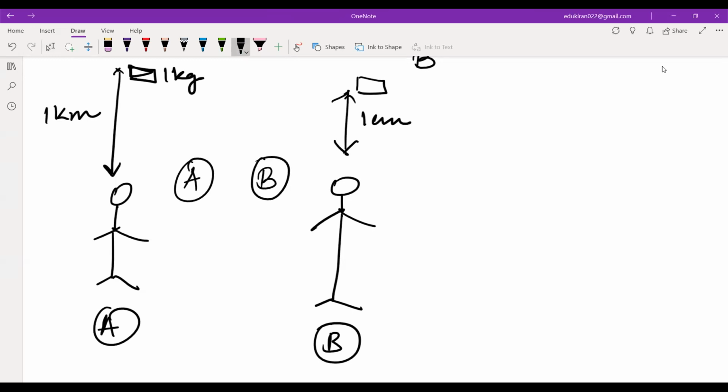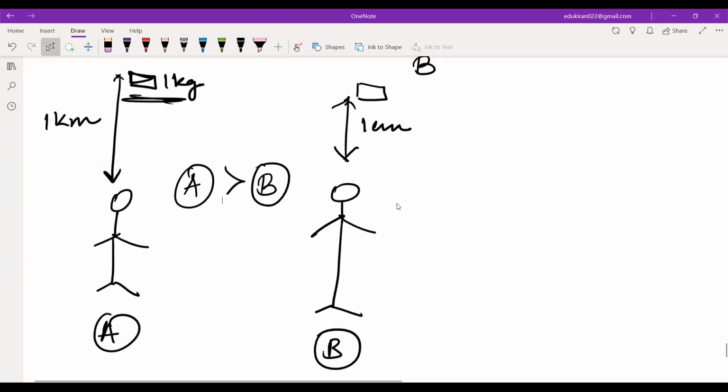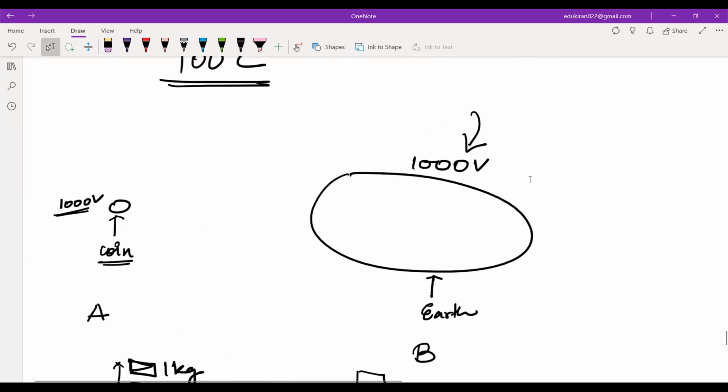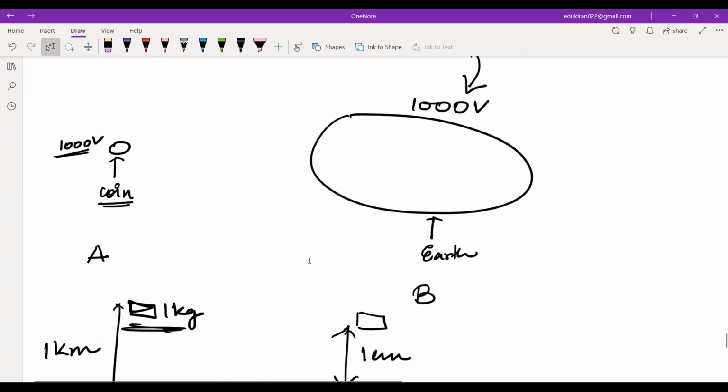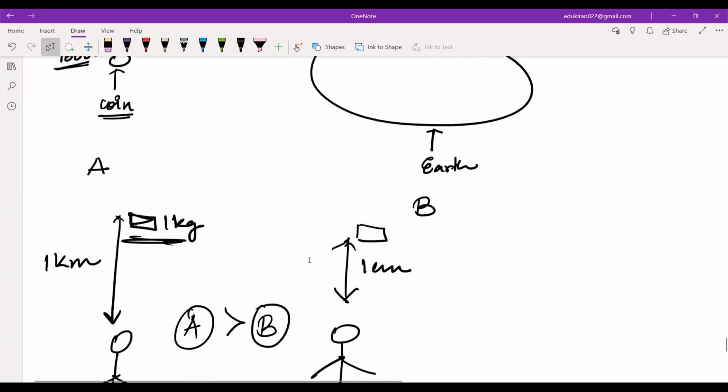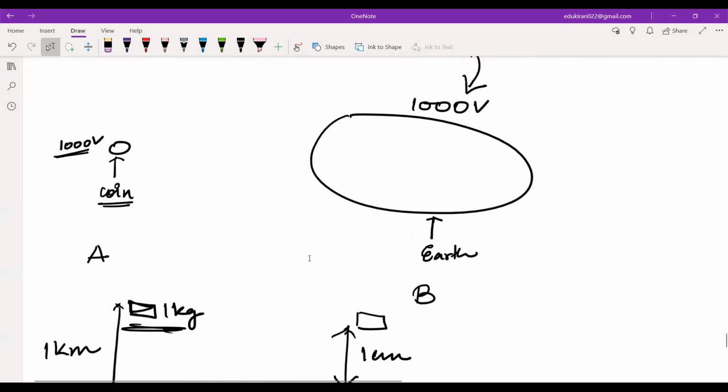A. A has more energy. But here the energy is same, because we have increased the potential to the same 1000 volt, but which one is going to give me less shock? The Earth is going to give me less shock. Why? Because rather than the charge, what is more useful is the density.